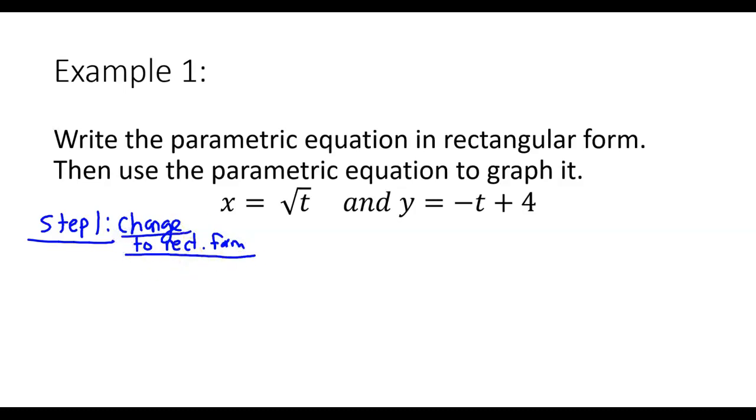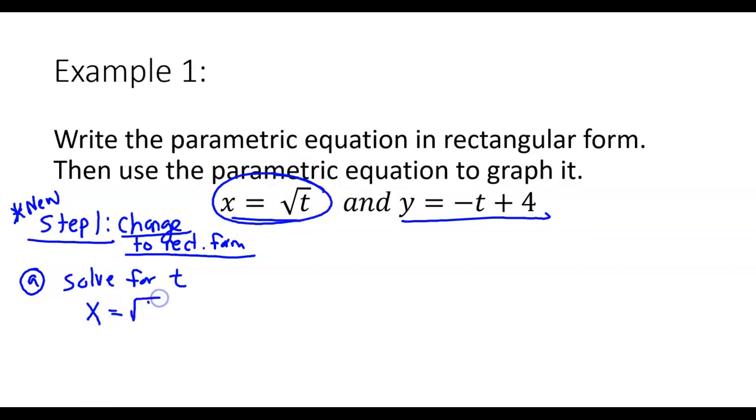The rest of it will be review. All right, so how do we change a parametric equation into a rectangular equation? Well, it's going to be a two-step process. The first part of that is going to be solving for t. Now you could do that with either the y or you could do it with the x. It doesn't really matter. Let's go ahead and I'm just going to use this equation here.